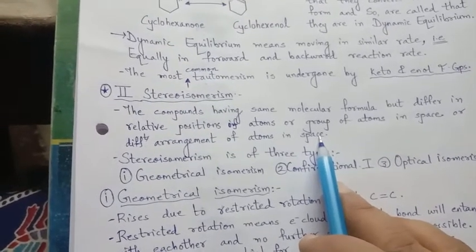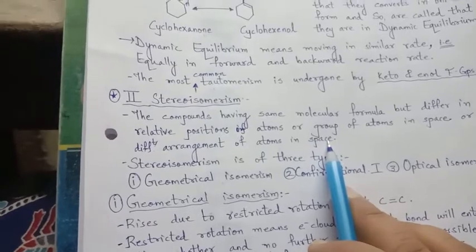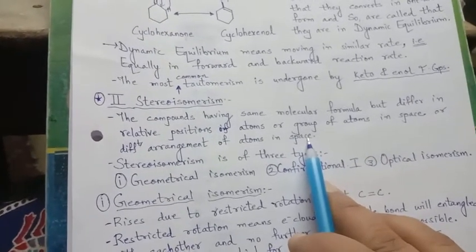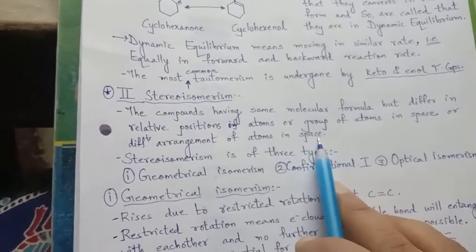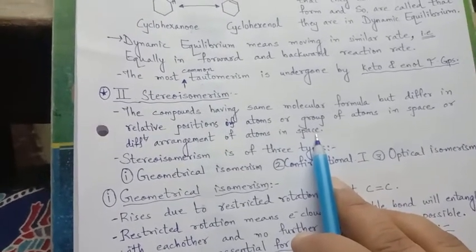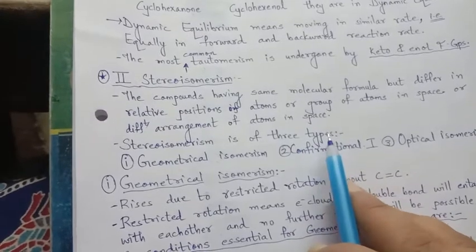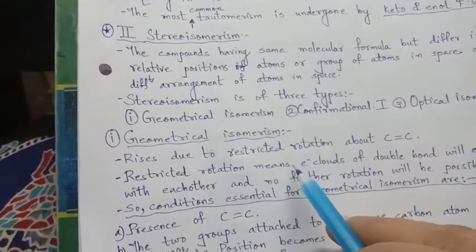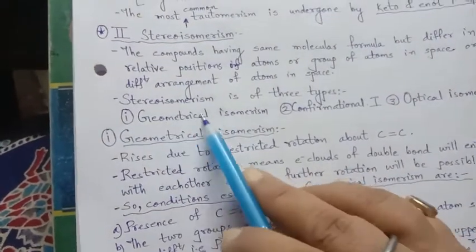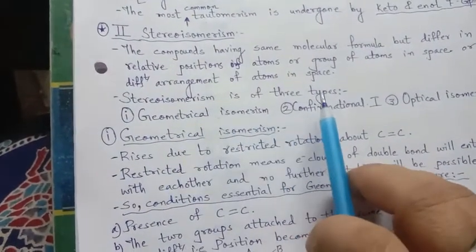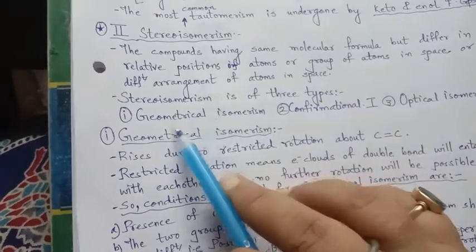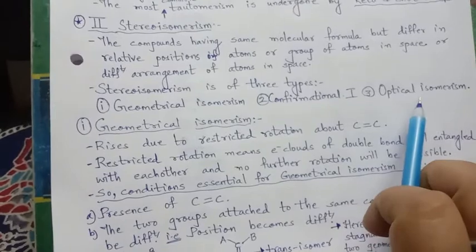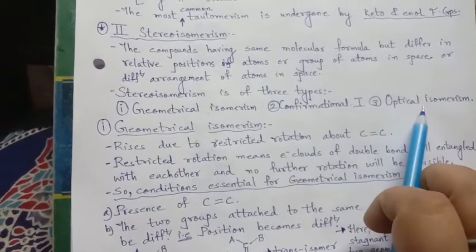Hearing about isomerism, stereoisomerism, then chain isomerism, position isomerism, it sounds a little similar, but when we go through the examples, we can easily clarify their meanings. Here also we will see examples, so it will be easily clarified. Stereoisomerisms are of 3 types: geometrical isomerism, conformational isomerism, and optical isomerism.